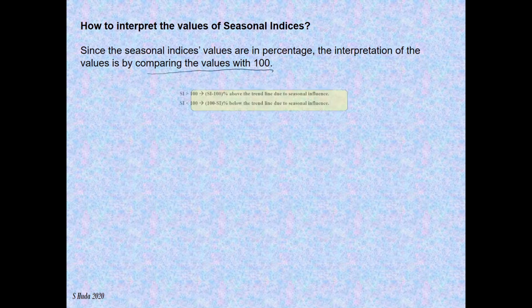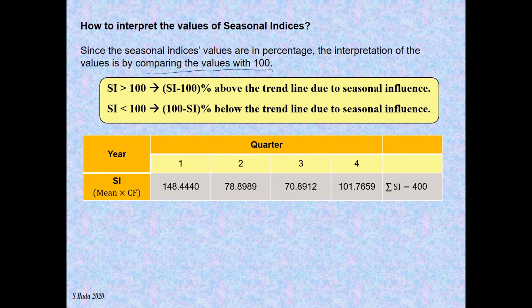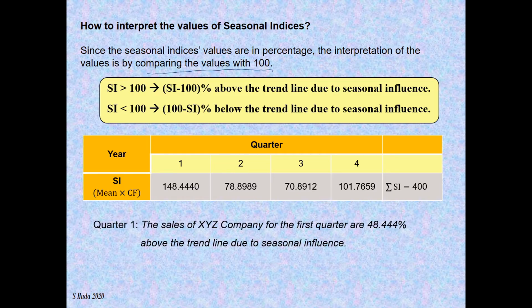You may use this guideline to give a comment, interpretation or explanation based on the seasonal index value. Look at this example. Let's say you want to comment on the first quarter seasonal index. Look at the value of the first quarter, 148.444, which is greater than 100.